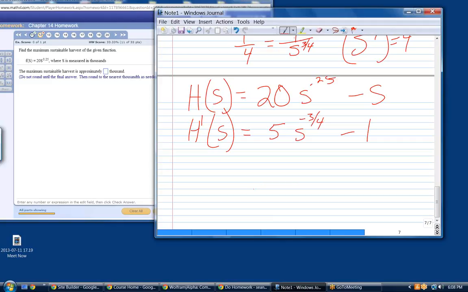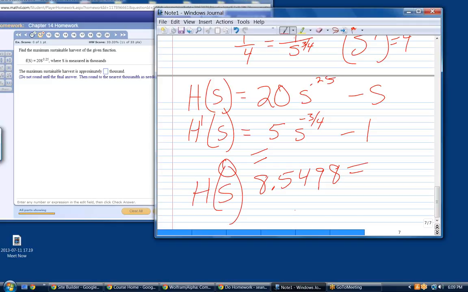So we have, take 5 to the 4/3 power. What do you get? 8.5498. Again, they give you this weird number. So now we have to take h of that number. And that's going to be our answer.